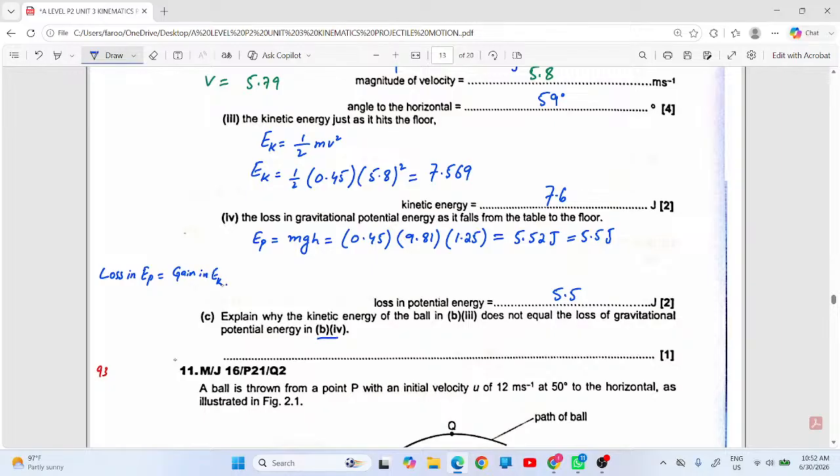But in this question, potential is 5.5 and kinetic energy is 7.6. They are not equal. Kinetic is more than the initial potential energy. Why or how? Values गलत हैं, like math गलत निकाली हुई?